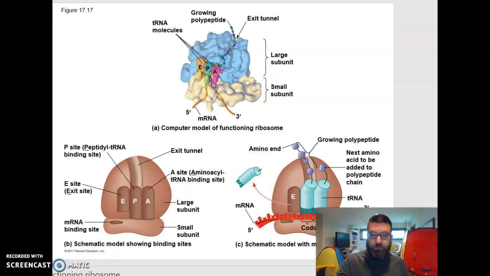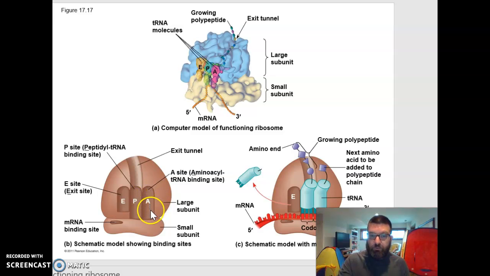Now, on the ribosome, there are really three sites that bind tRNAs, an A and a P and an E. So you can call this APE or EPA, depending on which direction you want to look at it. But really, A is where the tRNA will arrive first. A is for arrival, if you want. It's not actually what it's for. It's for aminoacyl tRNA binding site, but I think A for arrival.